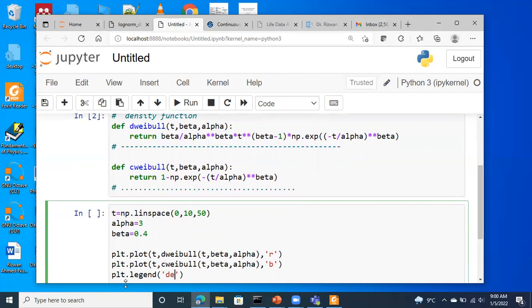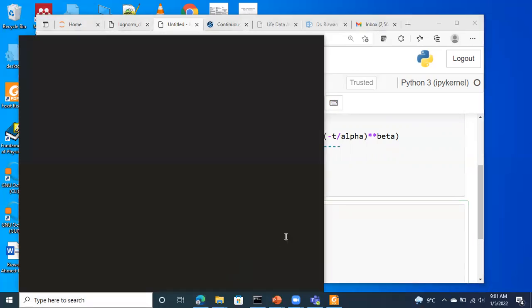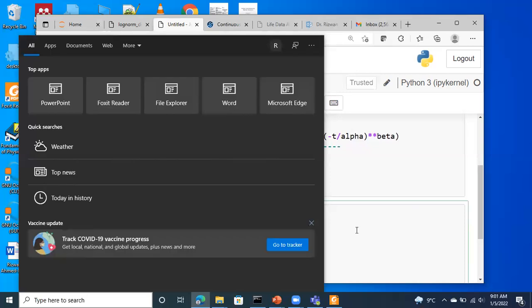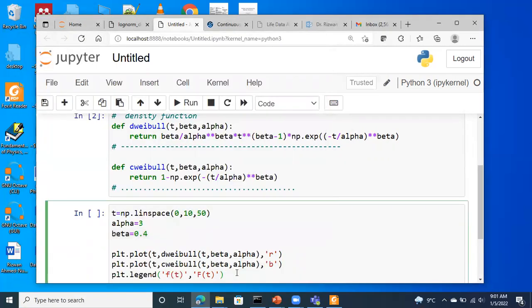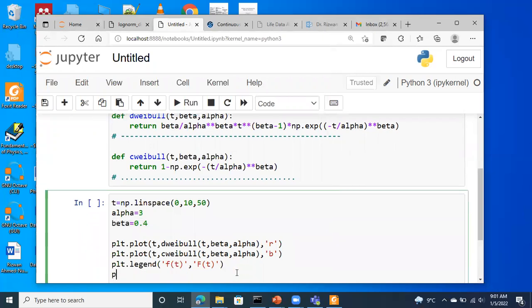So my first plot is the f of t, right? And the second plot refers to F of t, right? So these will be the legends to identify the two curves. There are two curves, and then plt show, right?